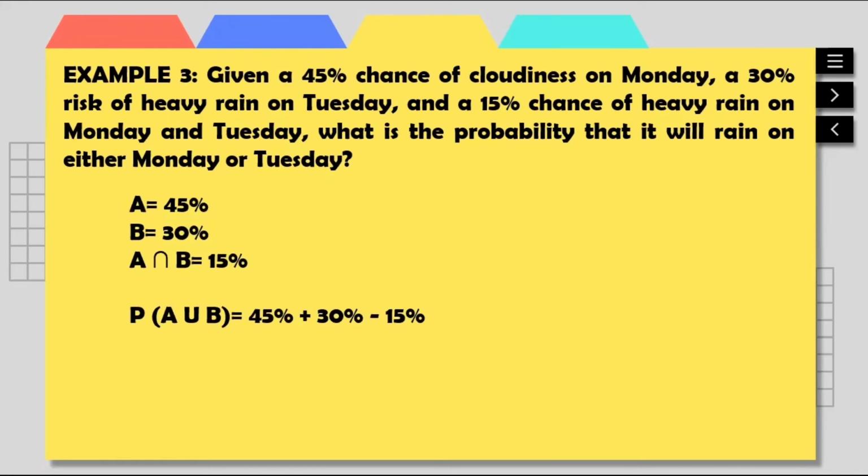The probability of A union B is equal to 45% plus 30% minus 15% is equal to 60%. So the probability that it will rain on either Monday or Tuesday is equal to 60%.